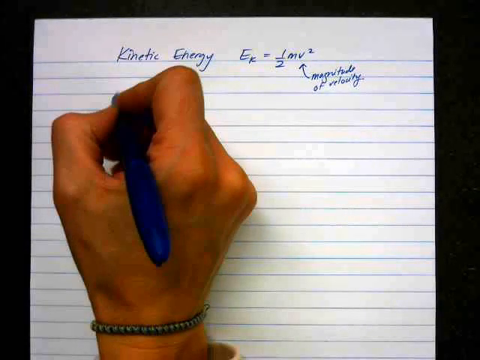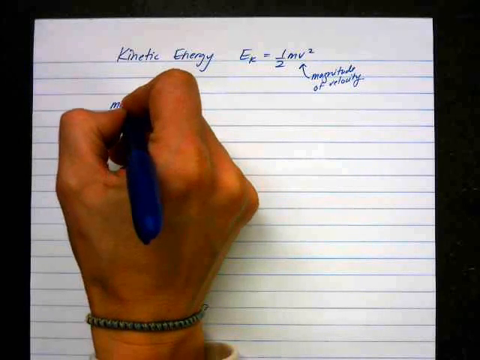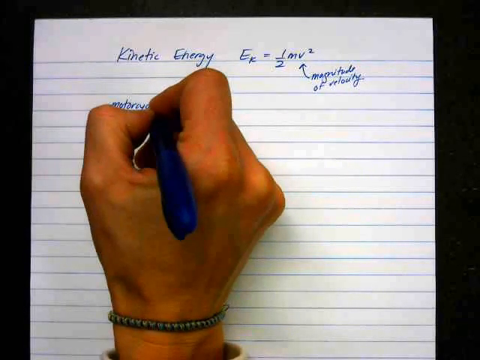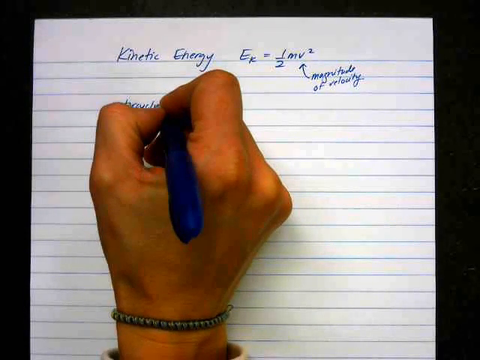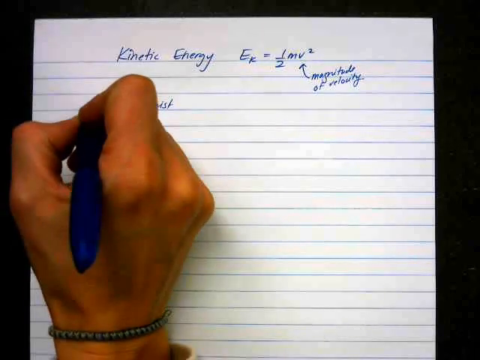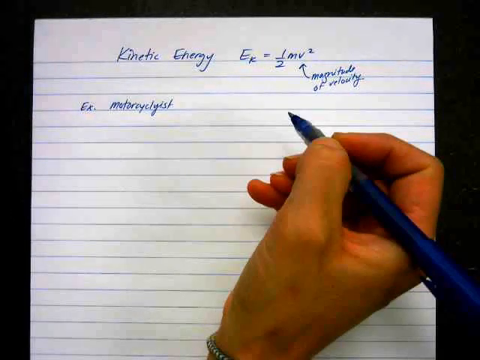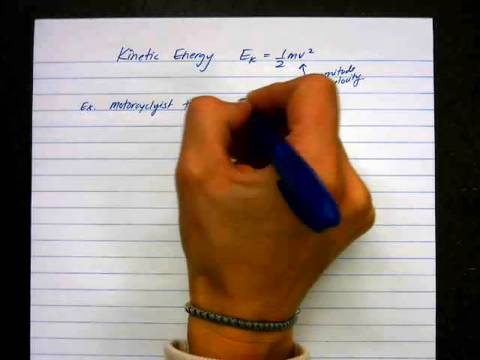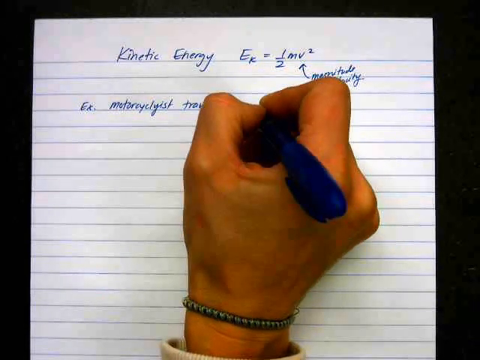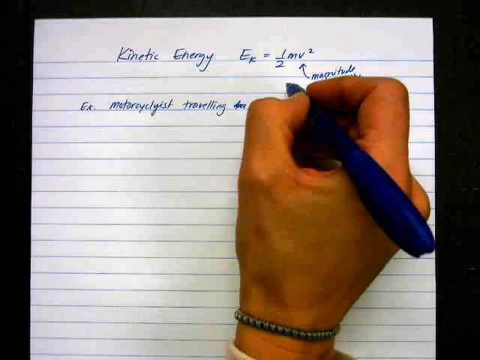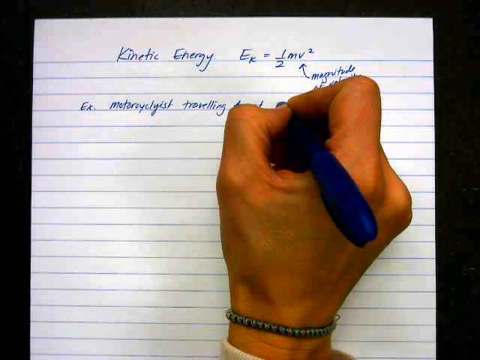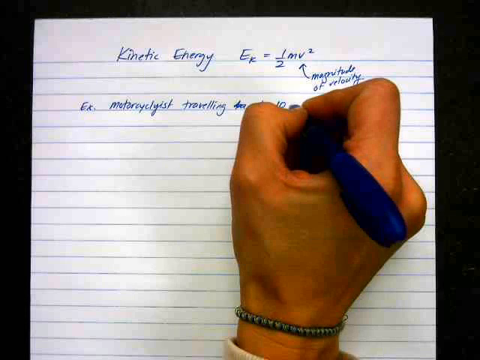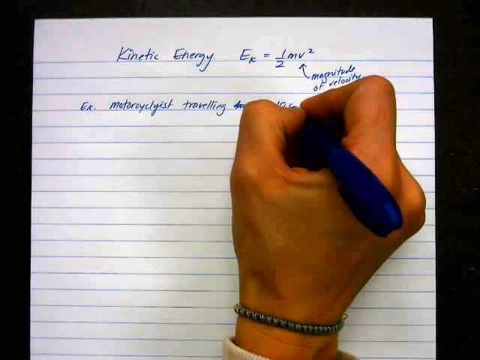So let's say we have a motorcyclist. Okay. And he is traveling at, let's say, 10 meters per second.